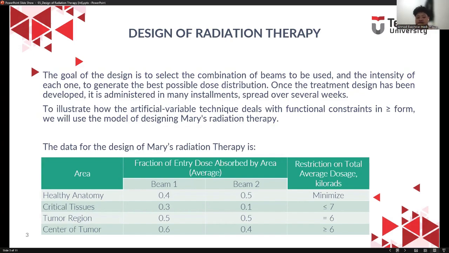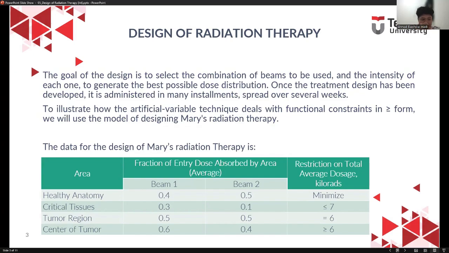To illustrate how the artificial variable technique deals with functional constraints in greater-than-or-equal form, we will use the model of the design of Mary's radiation therapy.